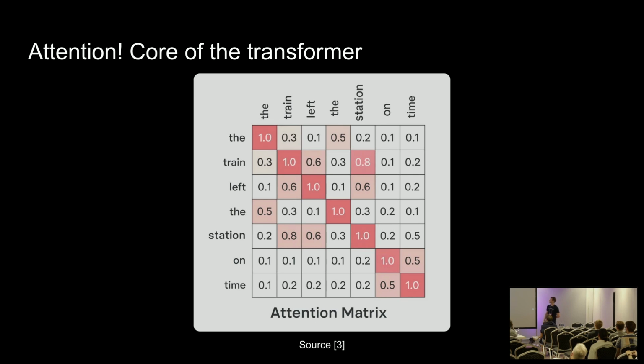So then what's going to happen is that the station token gets weighted by 0.8 and added to the train token, and the same for all of the other tokens, such that the most important tokens determine what is the semantic meaning of the target token for which these similarities are computed.